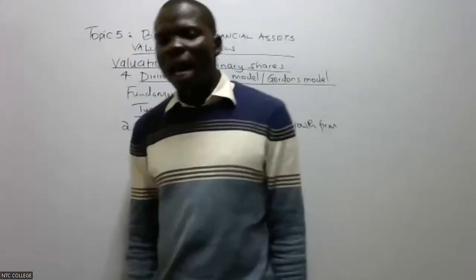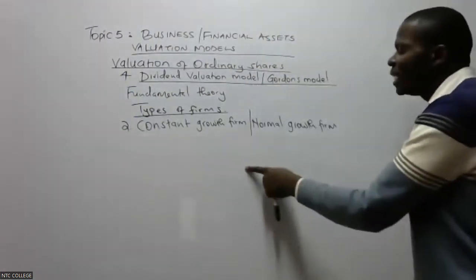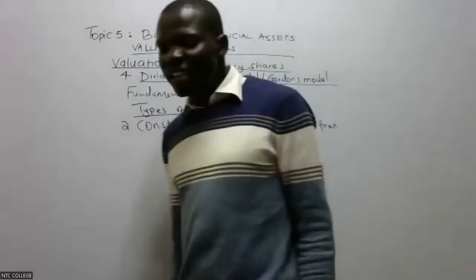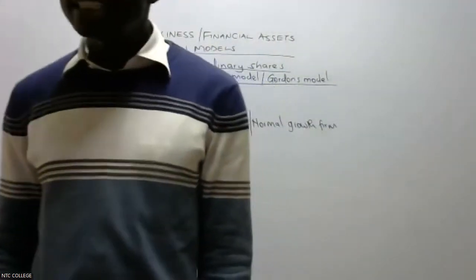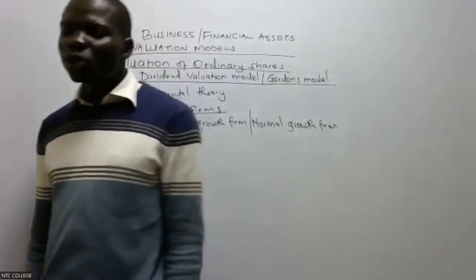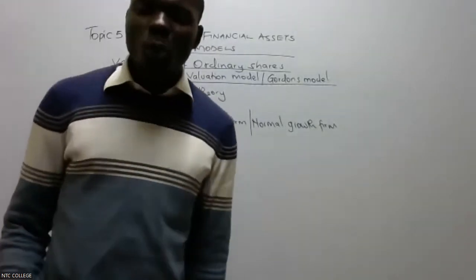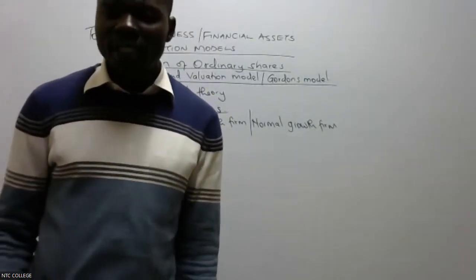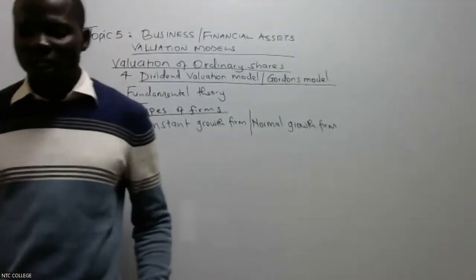I'll repeat, a constant growth firm is a type of firm whose dividends grow at a constant growth rate to perpetuity.